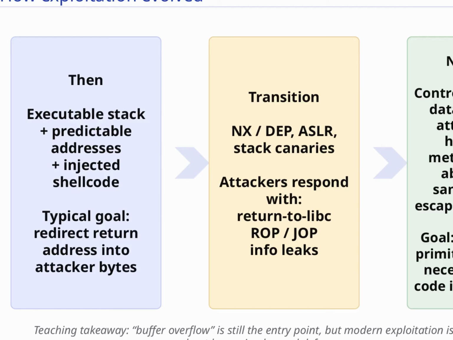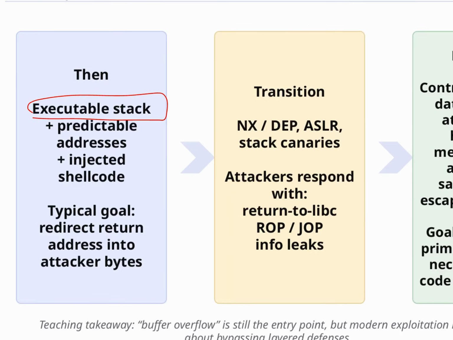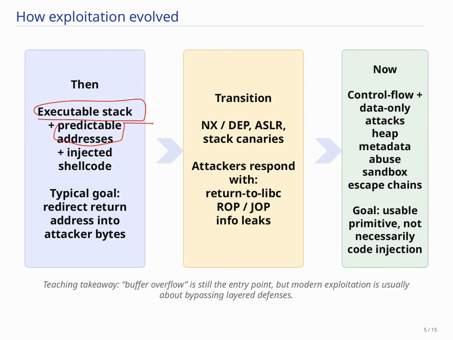So at that time, it was only the executable stack, predictable addresses, and the injected shellcode. The buffer overflow was basically that. Okay, so let's say it is pre-2019. You could exploit a lot of things with this chain. The typical goal was to redirect the return address into attacker bytes.